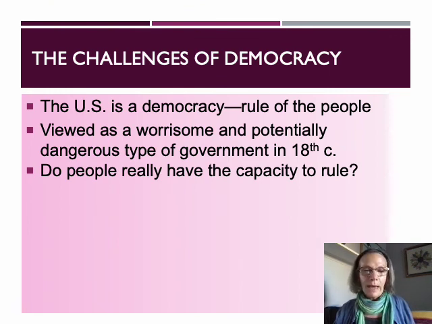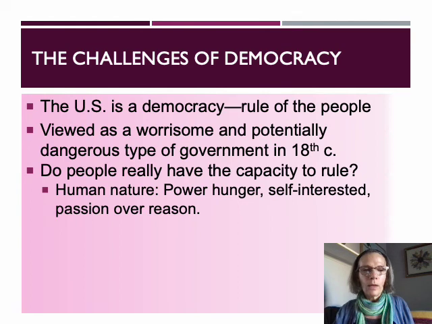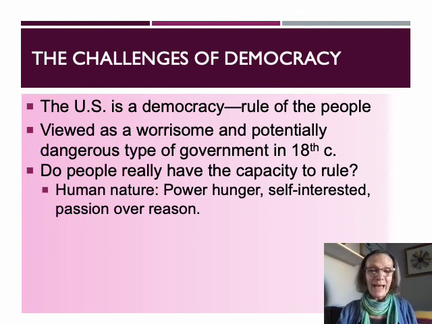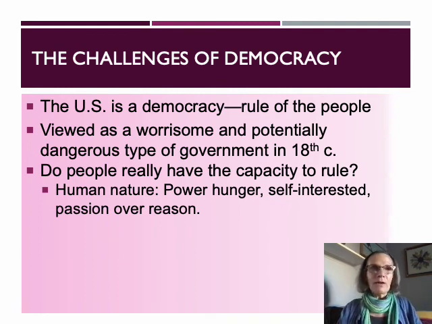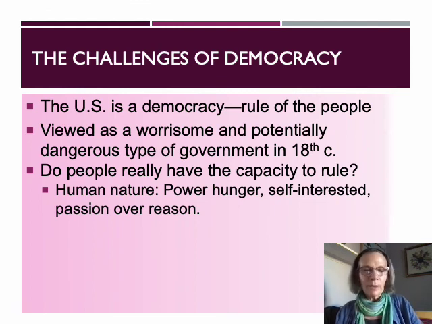And why was that? Well, you see this with Enlightenment thinking changing the way we think about this. But there was a sense of, do people really have the capacity to govern? Do they have the capacity to rule? When you think about the assumptions made about human nature, even the Enlightenment thinkers would think, well, yes, people have the capacity to reason and progress is possible. But they were realists too.